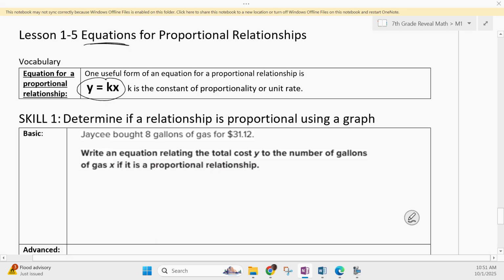But there's a useful form, and we introduced it yesterday with the graphs. Remember the 9 graphs that were the quiz rate, and then I gave it back and you wrote equations for all of them? All you had to do, once you found that unit rate, was multiply by it.